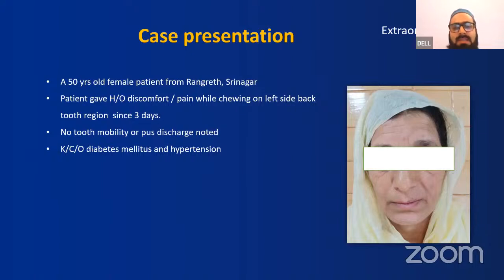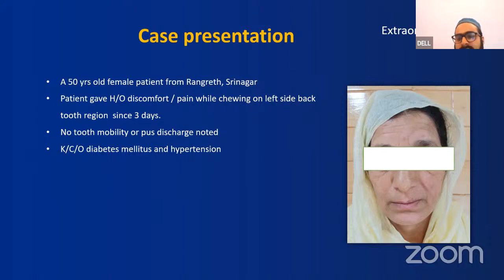We can present one case of conventional ameloblastoma. One patient reported to our dental OPD with a complaint of difficulty or discomfort while chewing on the left side of the jaw in the back tooth region since 2-3 days.